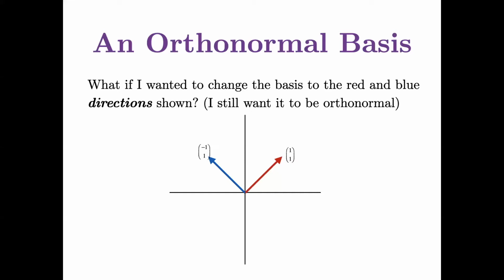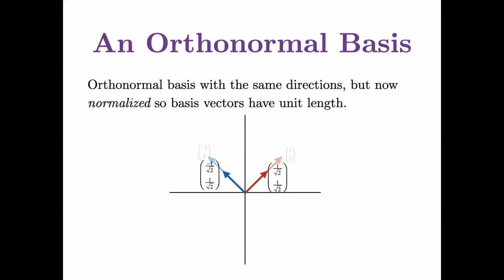To do so, I calculate the norm of each of these vectors, which would be the square root of the sum of squared elements, or the square root of 2. And I simply divide each element in each vector by the norm of that vector. So these two vectors shown here form an orthonormal basis for R2.